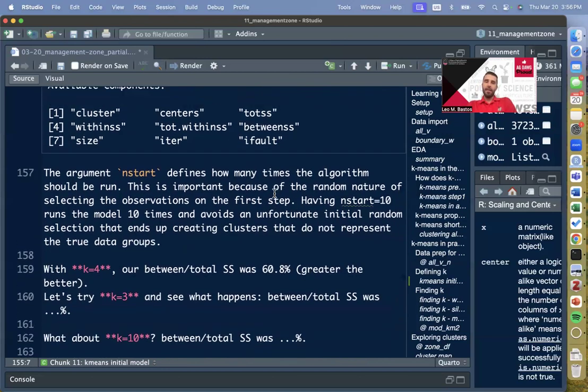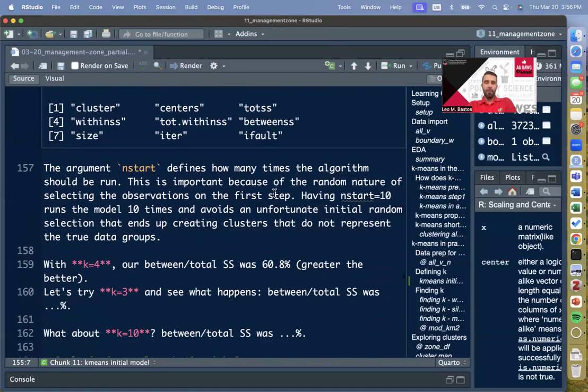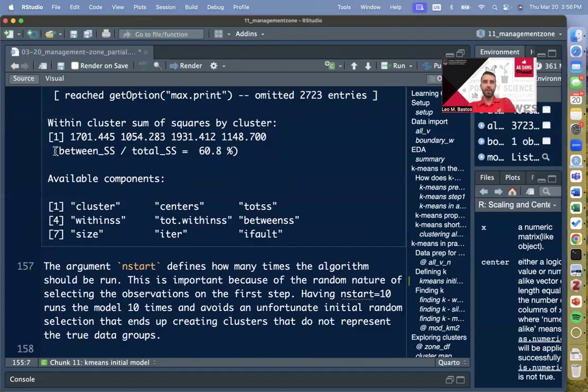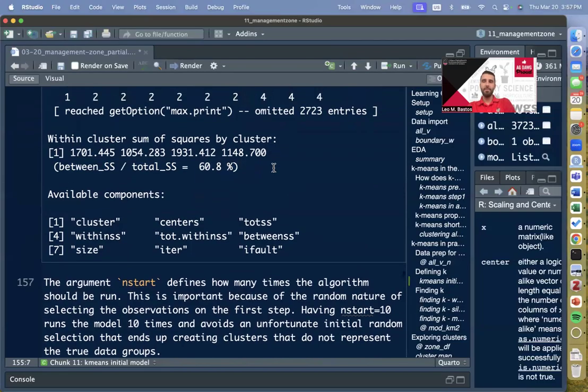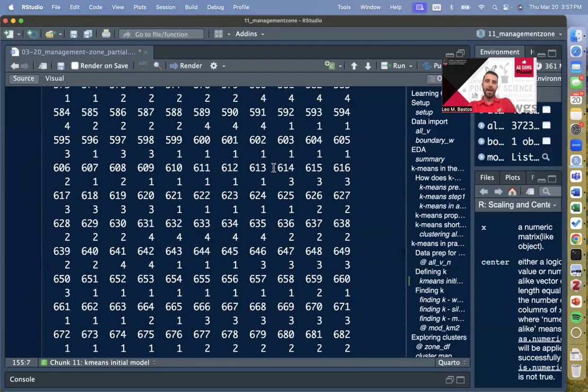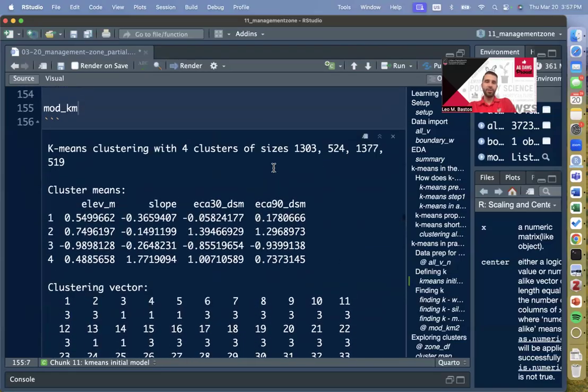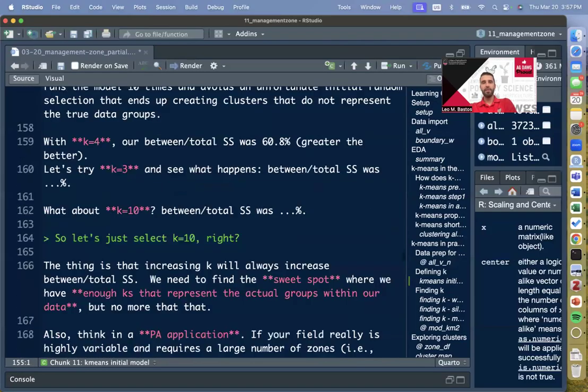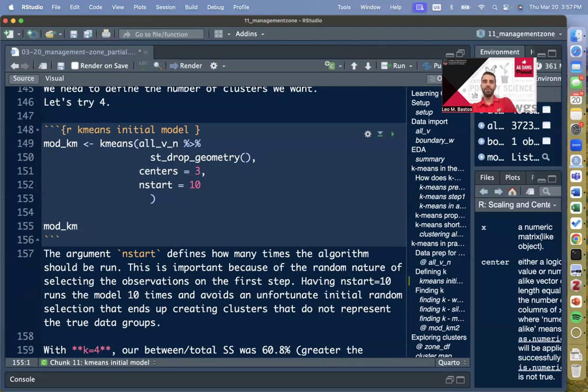Now, remember here our between by total sum of squares with 4 clusters being 60.8%. Okay, just remember that number, 61. We can think of 61 just to make it easy to memorize. Let's go back to the code here and change our centers to 3. So k equals 3. Let's run that. So this is a k-means with 3 clusters now.